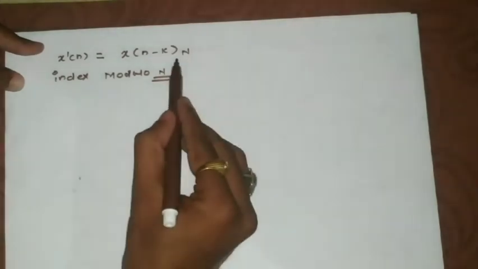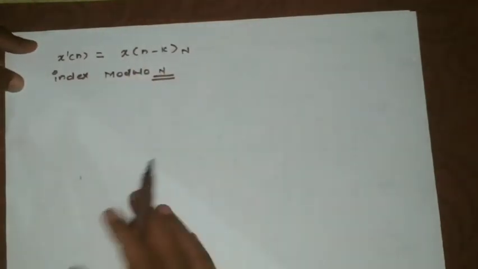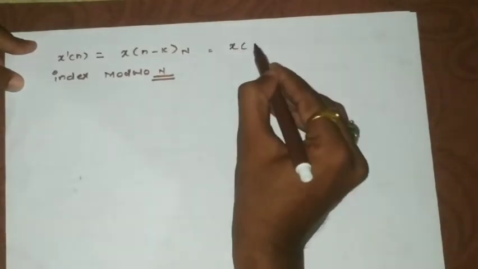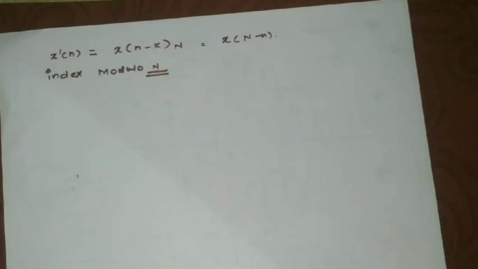That means with the given sequence we can add n number of samples, or we can subtract n number of samples, or simply we can write this term as x of n minus n also. No issue with that when we have only x of n as the term. This is the important property as far as discrete Fourier transform is considered.